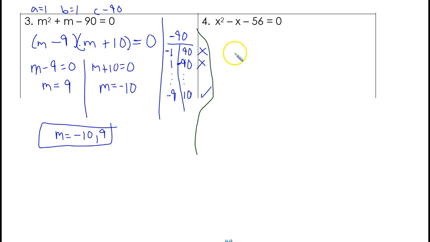All right, we got question number 4, where we say, is it in descending order, the way that it's supposed to be? Check, check, check, yep. Let's go ahead and use our variable here and here. And we got to come off to the side and find factors of negative 56. Let's see, I could probably draw a straighter line than that.